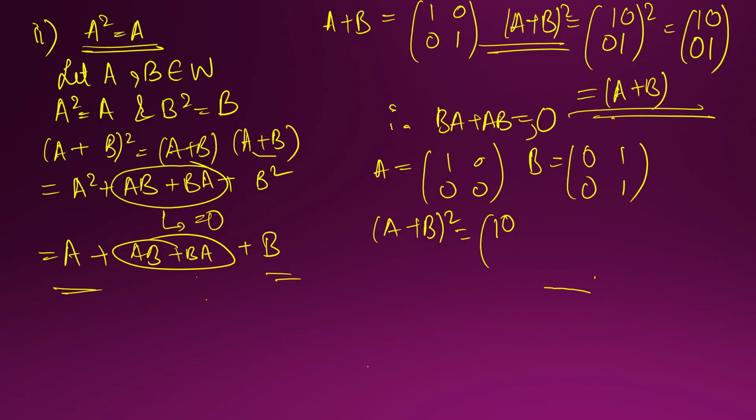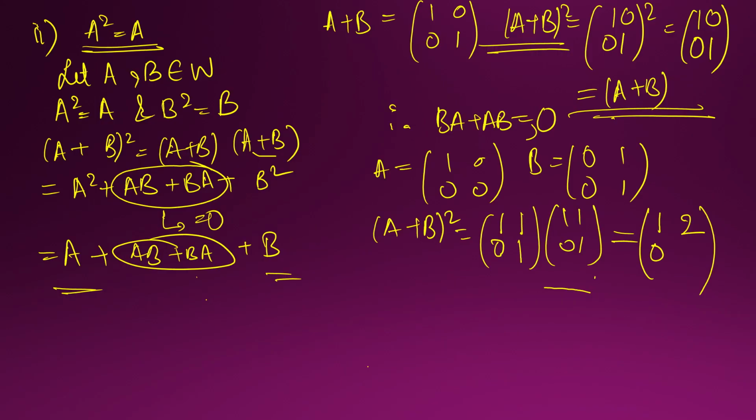Let's erase this. So 1 1 0 1 1 1 0 1. When we multiply it, we get 1, then 2, then 0, and then 1. Is it equal to A plus B?